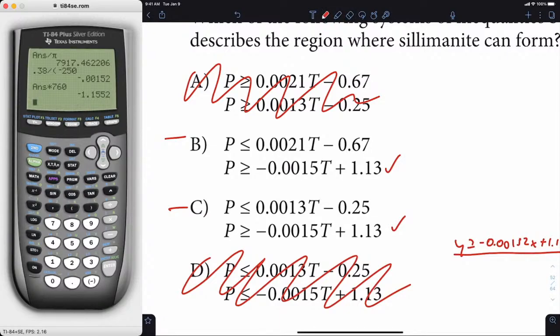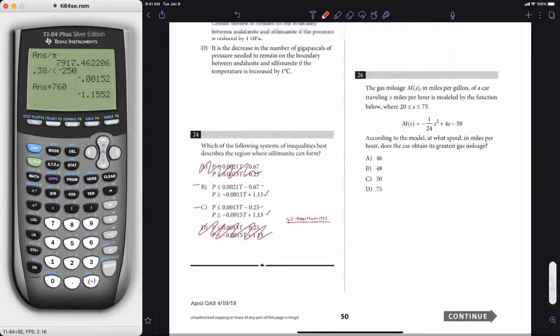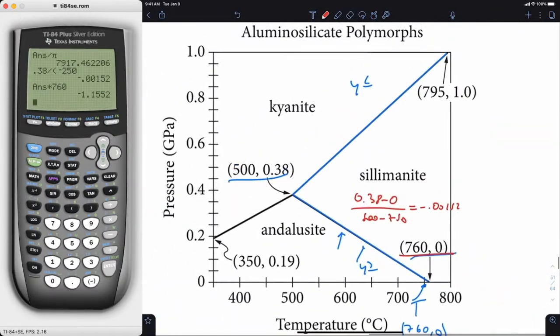We just need to find out which one of these is correct, and we can do that by finding the slope of the line. So let's find the slope of this line now. We can do that again by using our points.